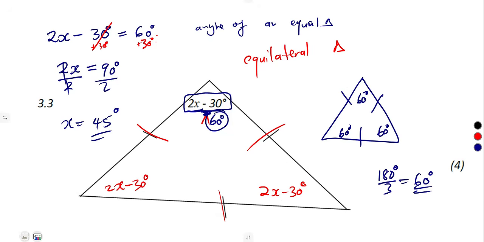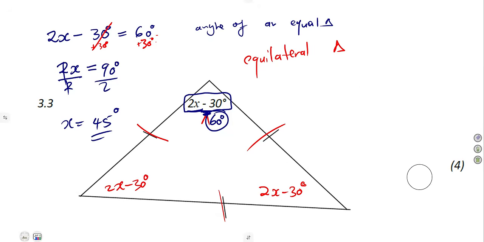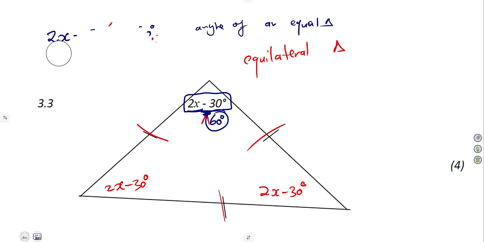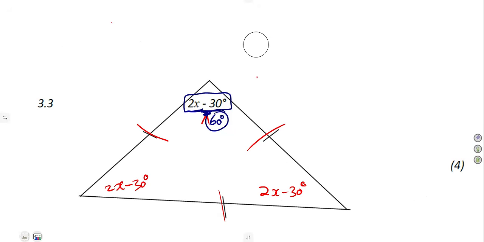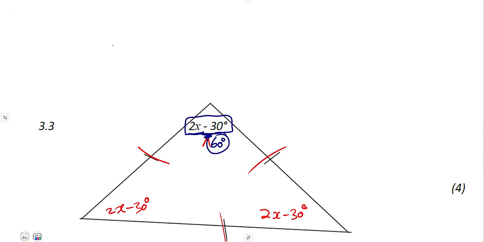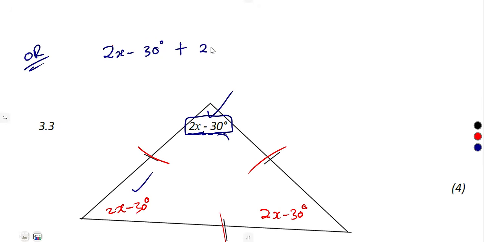Or we can use this one that I was explaining before to say angles in a triangle add up to 180 degrees. As we do understand that these angles are all exactly the same, you simply add 2x minus 30 degrees, right? So that's another way. We take this one plus 2x minus 30 degrees. We take the third one, 2x minus 30 degrees.